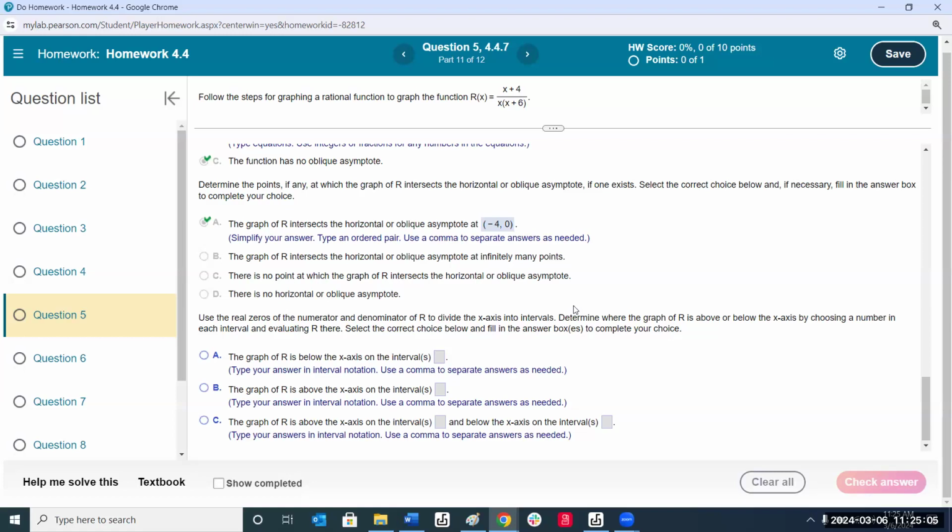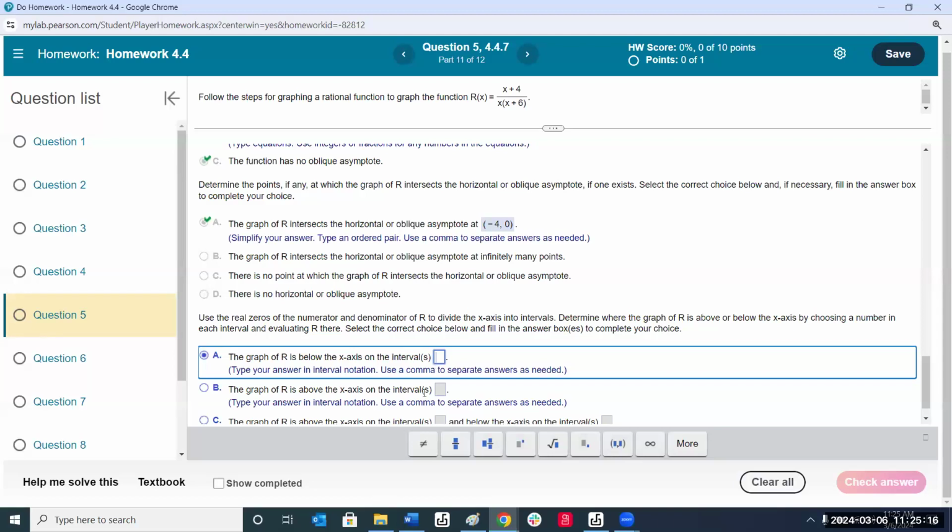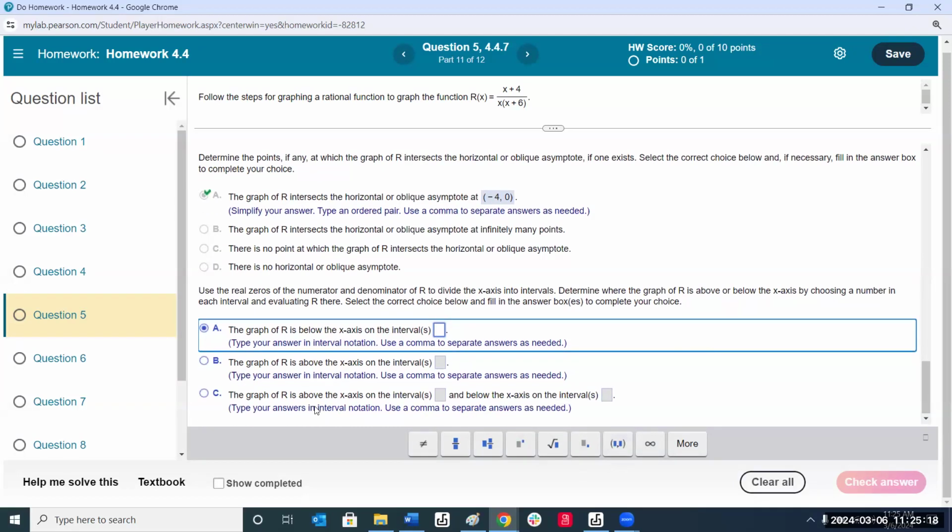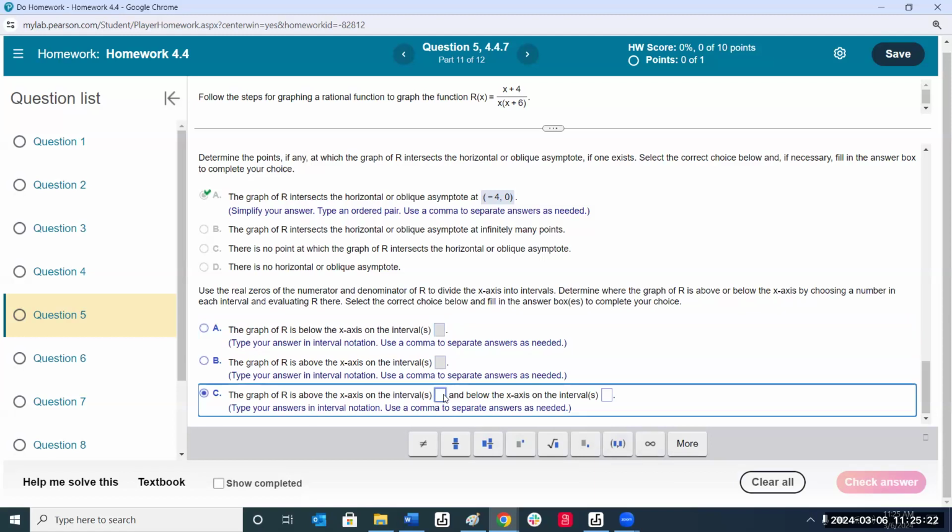Okay, so determine where it's above or below the x-axis. So the graph is below the x-axis on the intervals. Oh, so it's this one. Okay, so it's going to be -infinity to -6 union.